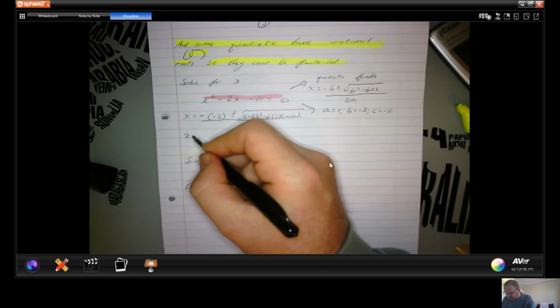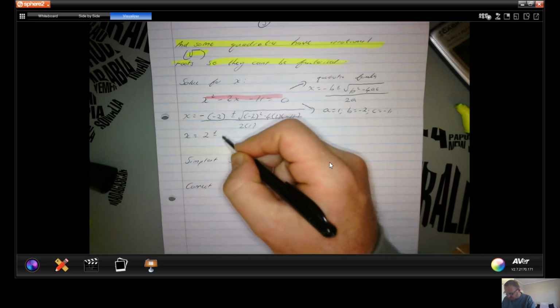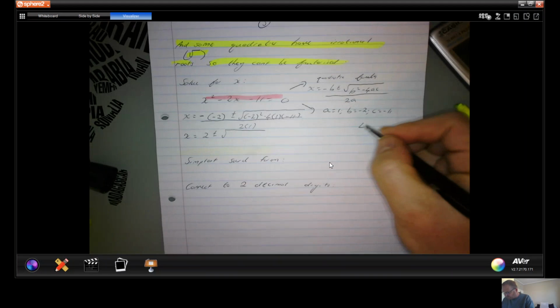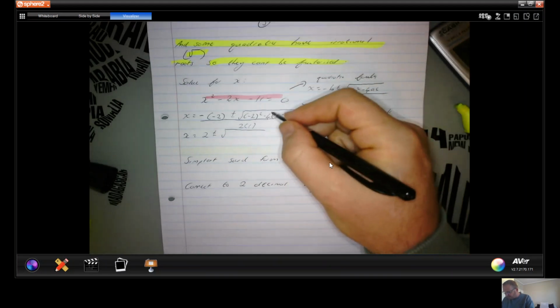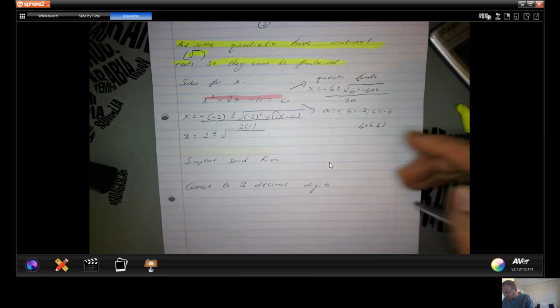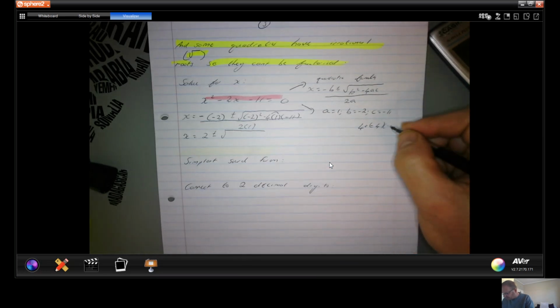So I end up with x is equal to 2 plus or minus the square root of 4. Be careful, minus 4 times 1 is minus 4, times minus 11.